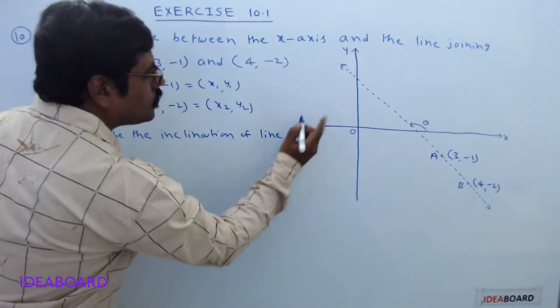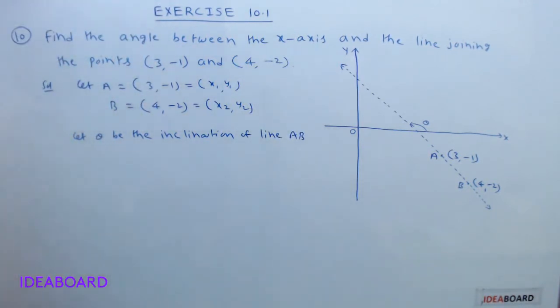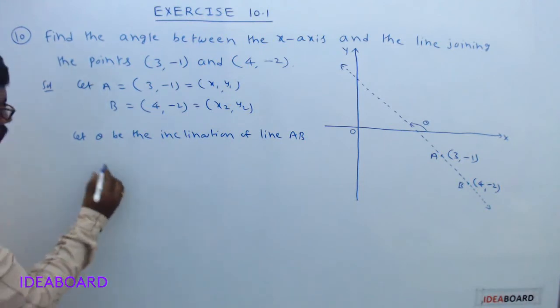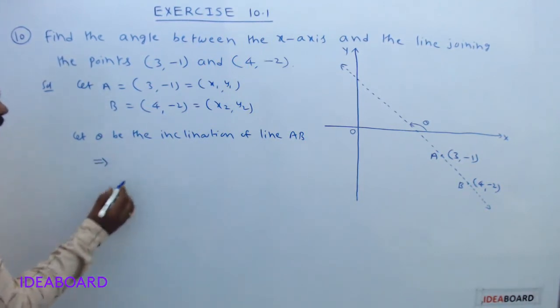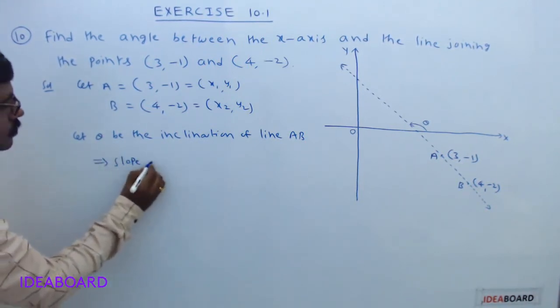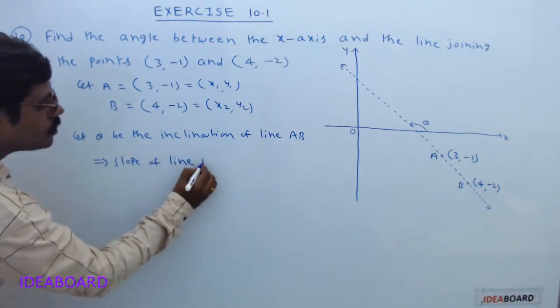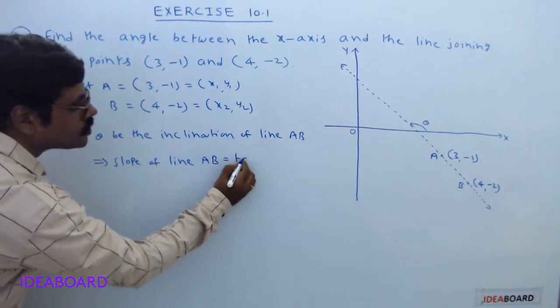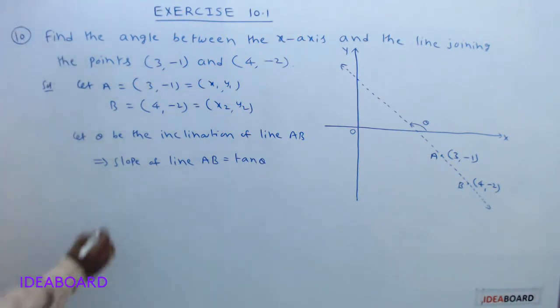What is the assumption? Theta be the inclination of line AB. So, slope of line AB equals tan theta.